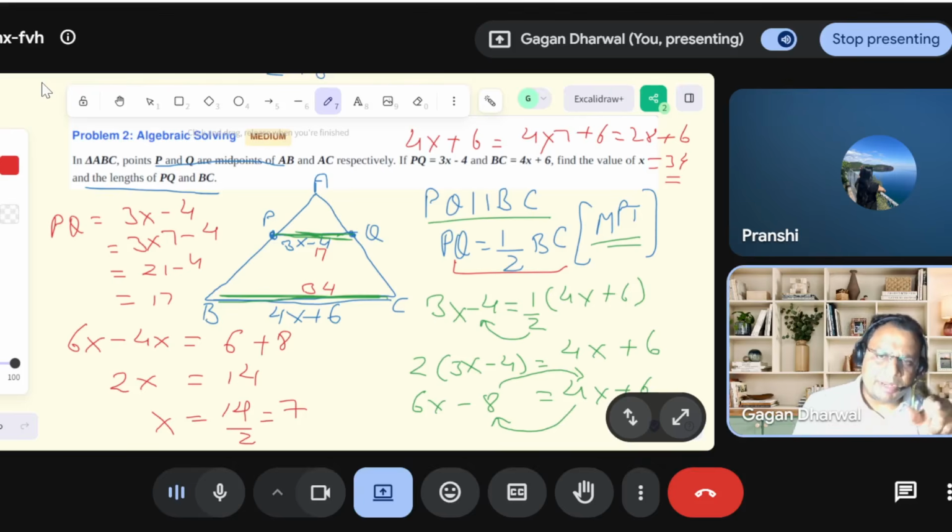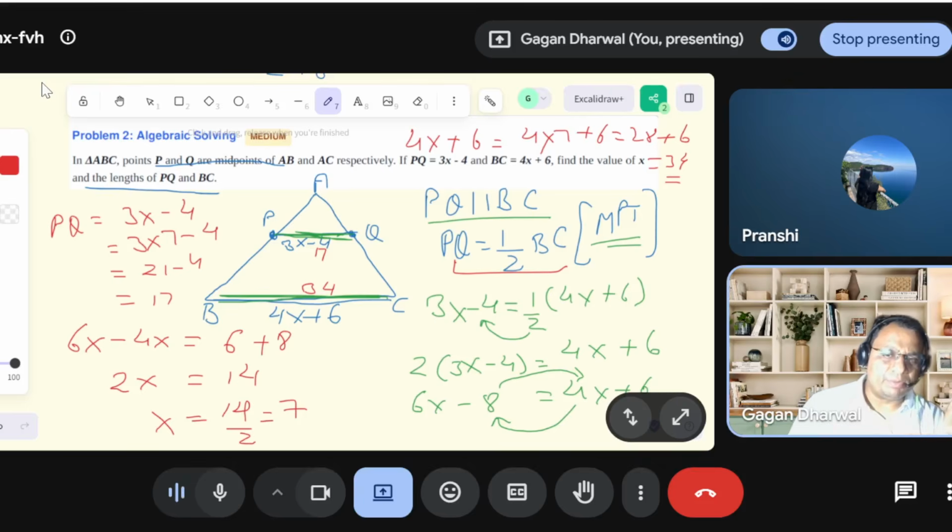So PQ will be parallel to BC and also will be half of BC, right? And then we just put in the values of PQ, which is 3x minus 4, and the value of BC, which was 4x plus 6. And then we just took the 2 to the other side. 2 was dividing there, so it gets multiplied on the left hand side.